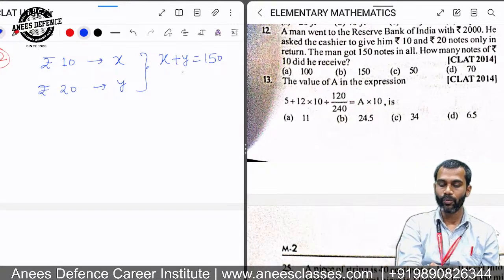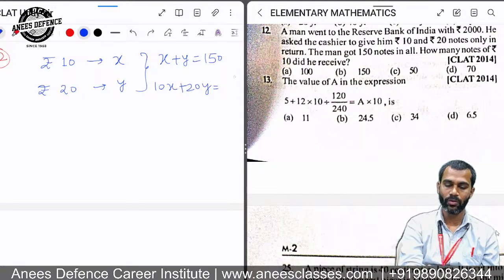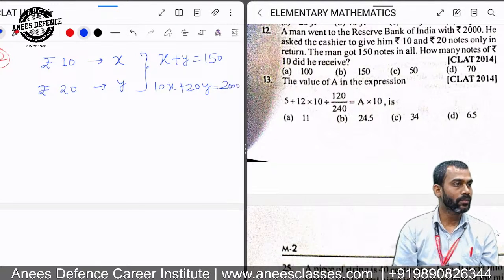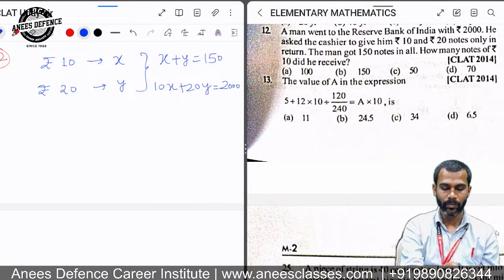And at the same time, the total should be 2000. So can I say 10x plus 20y is equal to 2000? So two equations, two variables. This becomes x plus 2y is equal to 200.